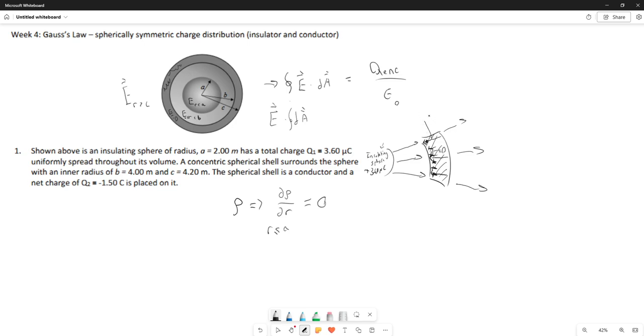And that's the equilibrium condition. But if on the inner shell there's a charge distribution equal and opposite to Q1, so now this inner shell will have a total charge of negative Q1. That leaves relatively positive charges on the outer shell.